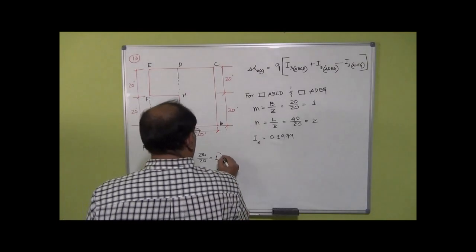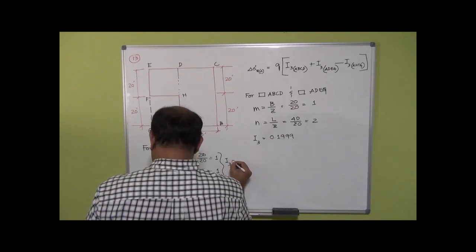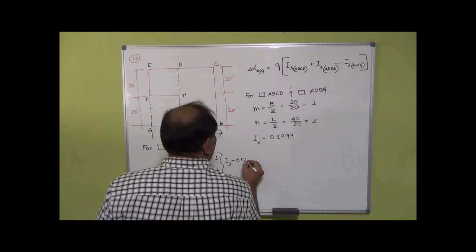So from those two, you get your I3 equal to 0.1752.